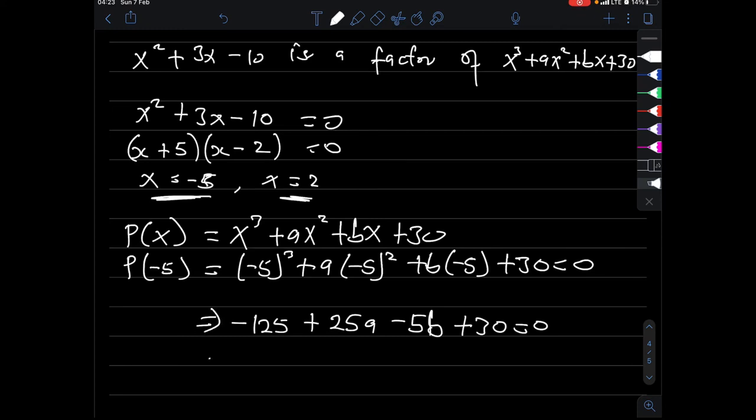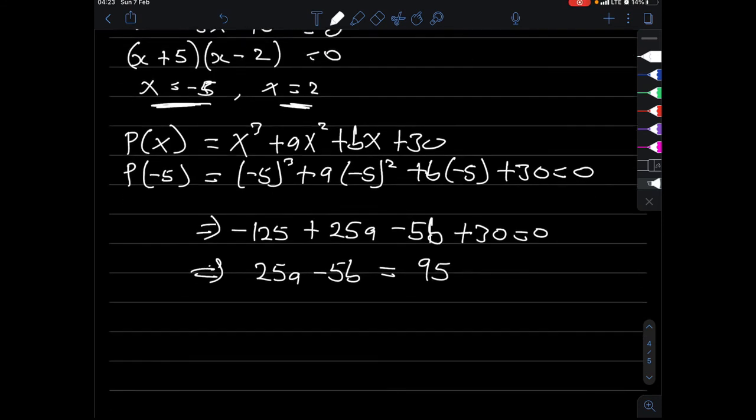So this will imply that, let's group some like terms here. We have 25a minus 5b should be equal to, if you have negative 125 and then you add 30 to that, you should have negative 95. Then you transpose it so that it becomes positive 95.